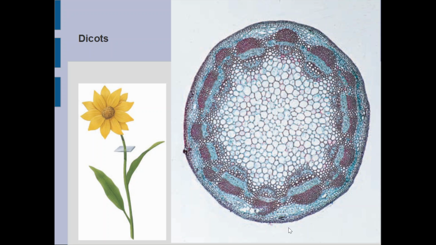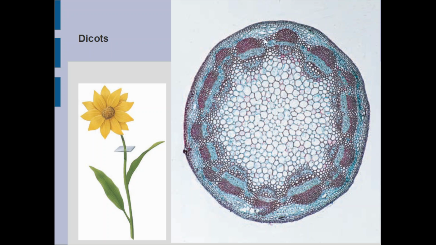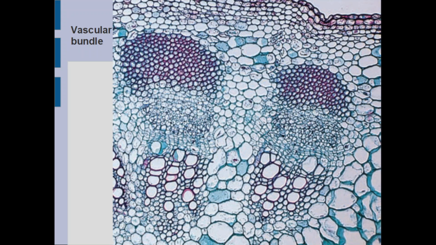It is herbaceous, and the epidermis is the outer layer, and it is covered with a cuticle that is a waxy layer to reduce the loss of water. And this is the vascular tissue. So if we magnify this part, we will see the structure.